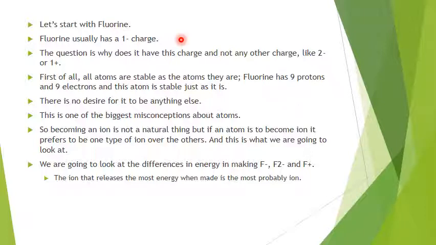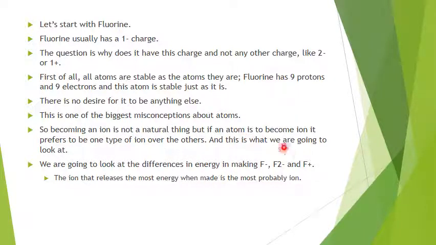And this is one of the big misconceptions that people talk about in chemistry, that atoms want to become something else. No, they are perfectly fine the way they are. But if they are forced to become something else, like an ion, then they will have a choice to be a certain type of ion.